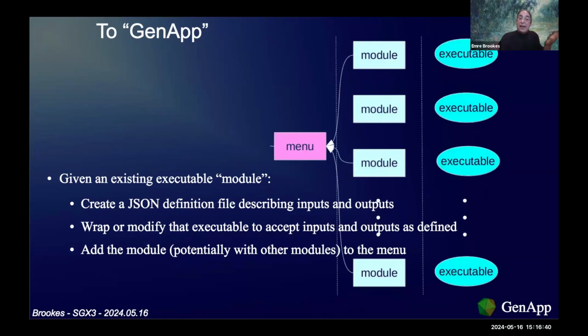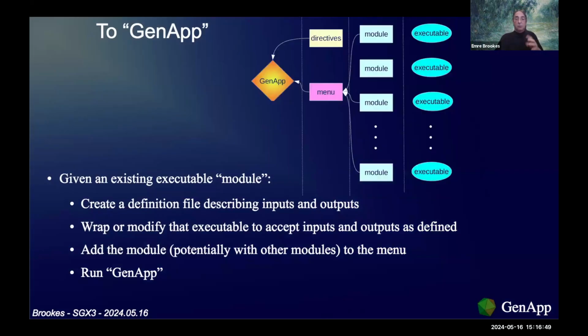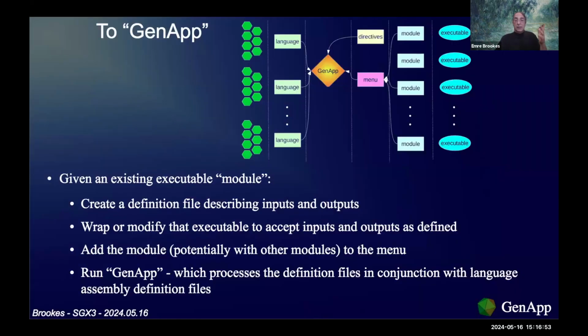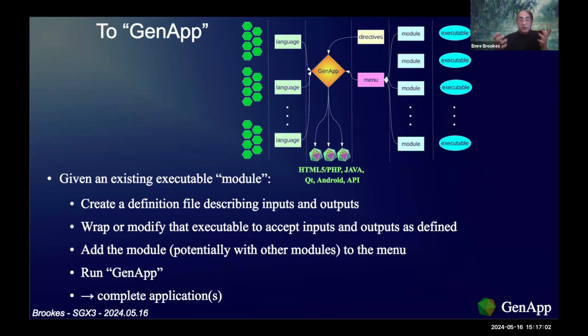Then they add the module and potentially other modules to the menu file. So these are all text JSON files. Run the GenApp tool, which processes those definition files in conjunction with language and assembly files, and then it produces the complete application that works.